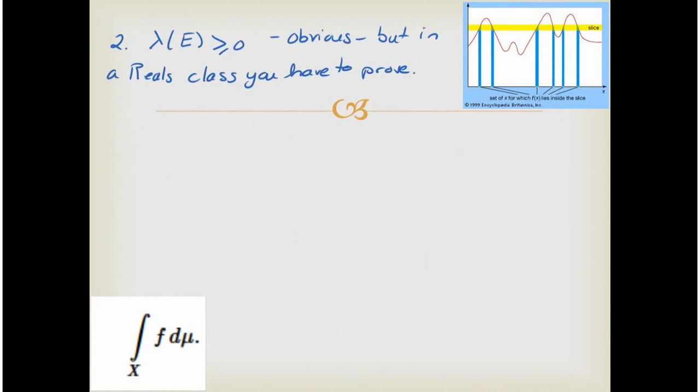I don't know what order I had the properties of measure, but obviously you need to have this non-negative. But when we first defined our integral, the simple function itself was non-negative, so it's obvious. But in a real analysis class with a probabilist as your teacher, you're going to have to prove these kinds of details. Because we're in a PDE class, we can skip some of these details. And I'm very sloppy.